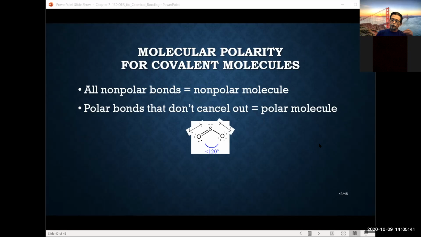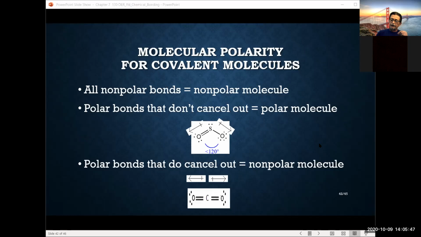So in general, polar bonds in a molecule give you a polar molecule unless they cancel out, like they do with carbon dioxide, okay? Or in the tetrahedral position. And if they cancel out, even though they have polar bonds, they overall are a non-polar molecule.